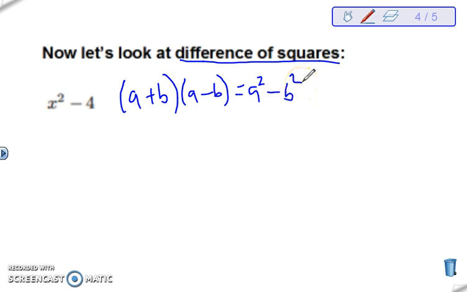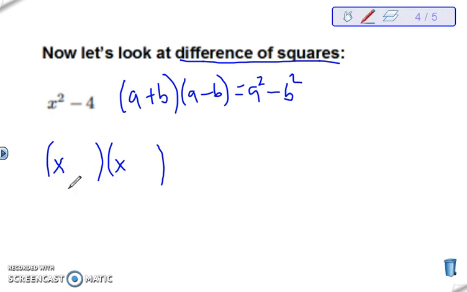If I look at x squared minus 4 and I want to split it into factors, I know there's nothing common between the x squared and the 4, but I know that x and x will multiply to x squared.